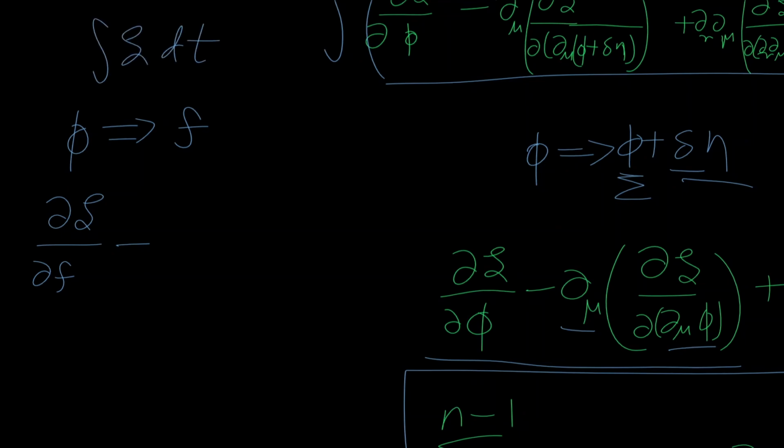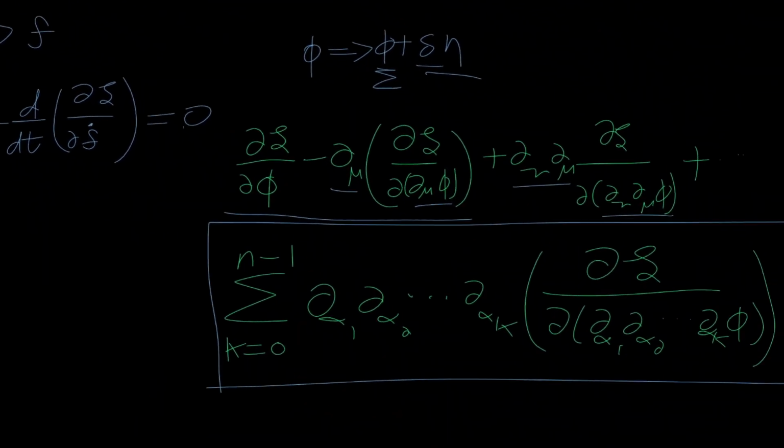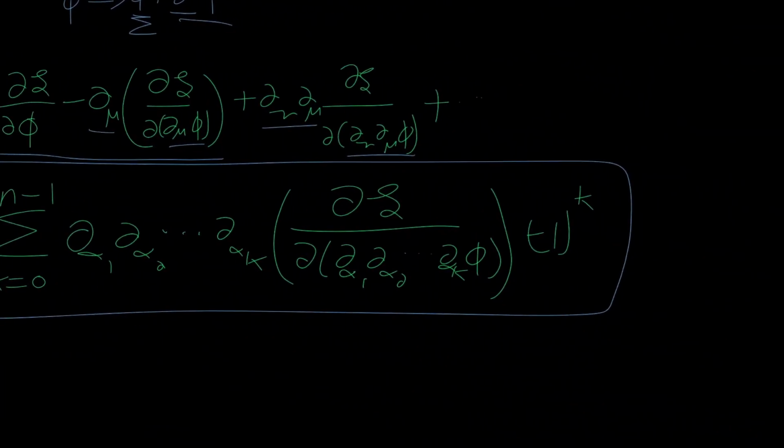So the only coordinate we have is time, and we're differentiating this with respect to t. Then we have the same thing as before, but with the time derivative of f now: partial of our Lagrangian with respect to f dot, the time derivative. And that right there is going to equal 0. And it should be noted here that all this does equal 0 right there. I forgot to add that.